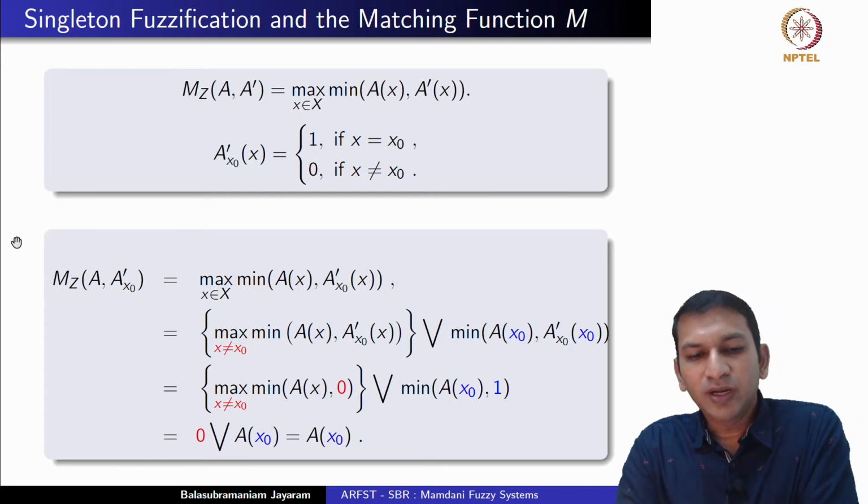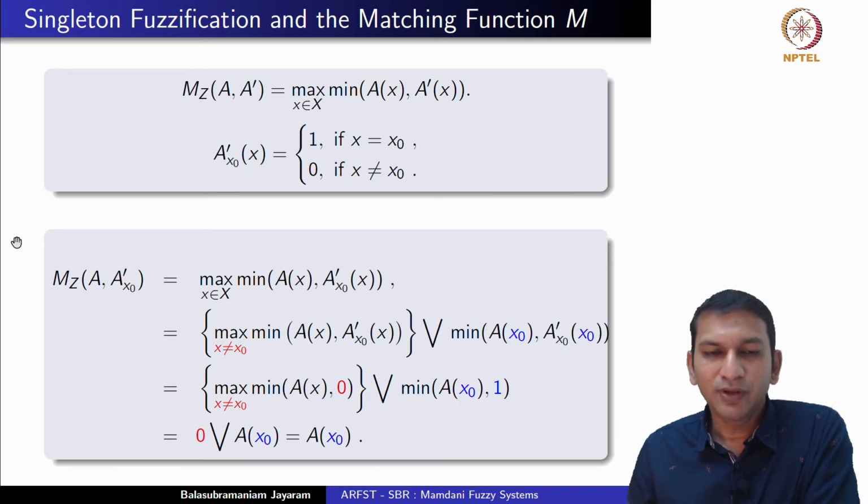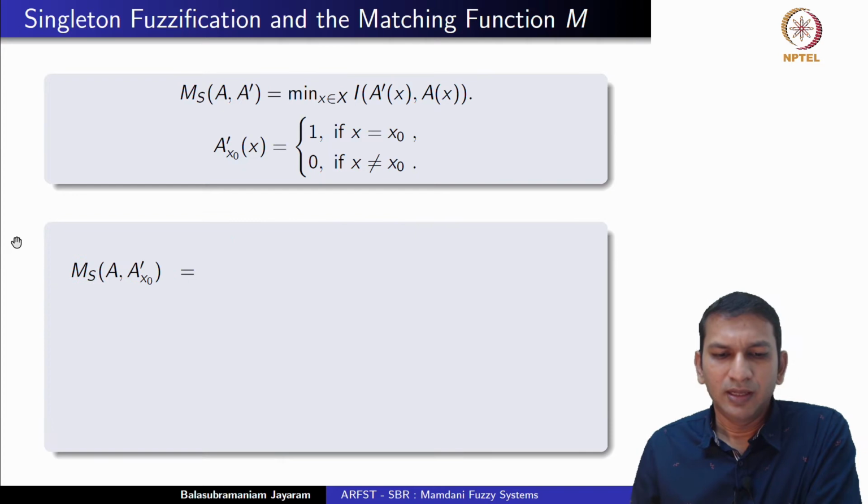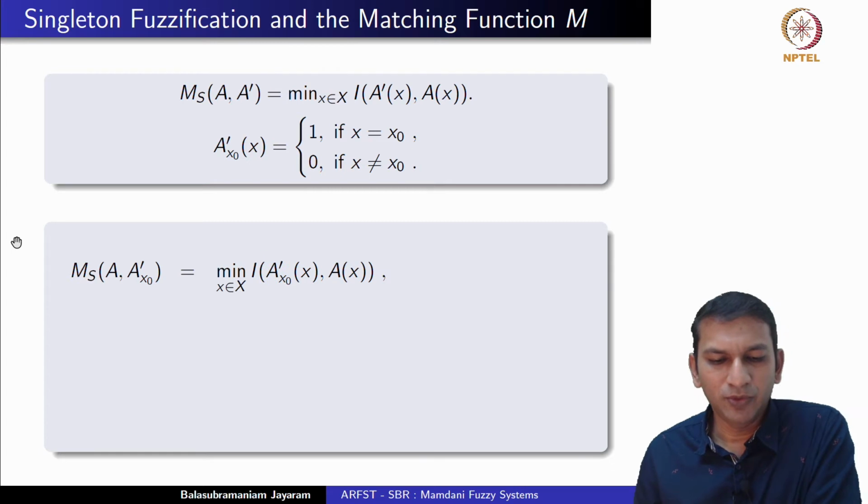Well, let's look at what happens in the case of the Smith-Magre modification matching function. Once again, let's give the input which is the singleton fuzzified value at x0. So M_S of A dash x0 is minimum over x of I of A dash x0 of x comma A of x.